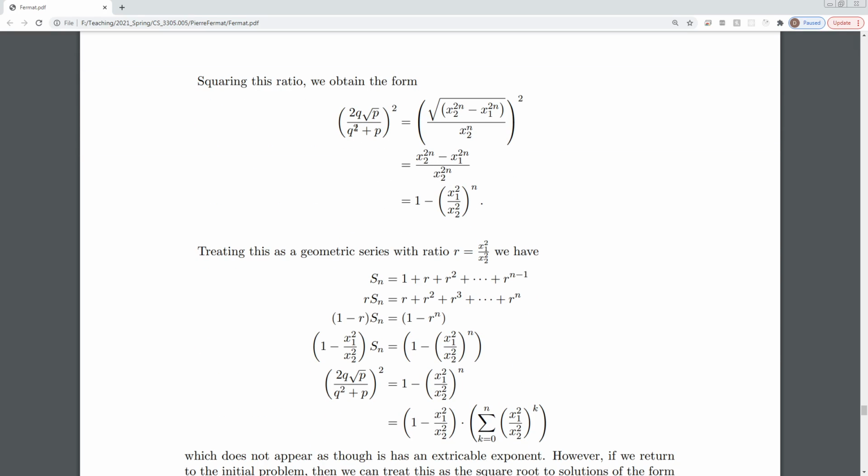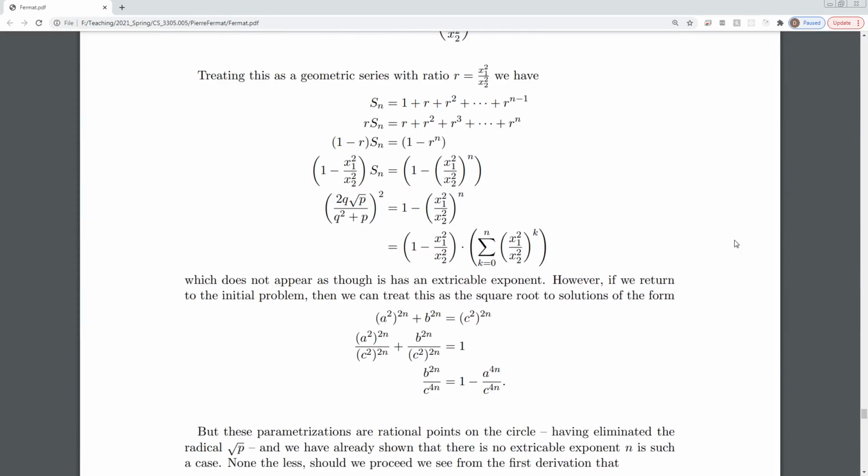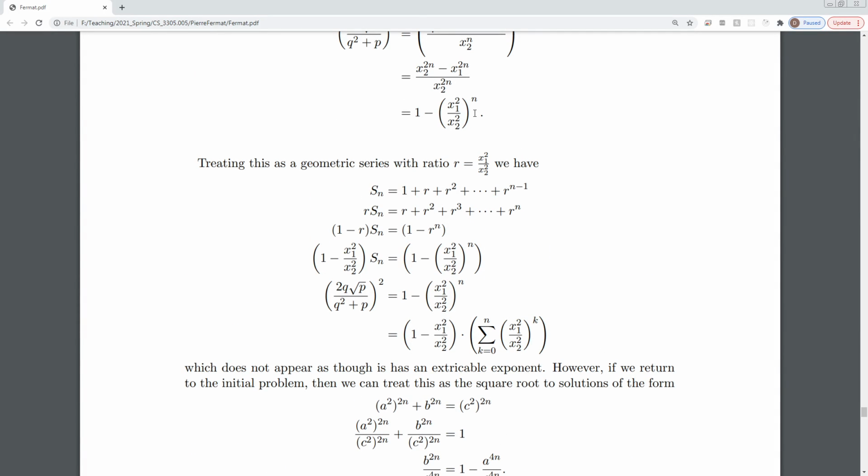Okay, so then squaring the ratio overall, we get rid of the radical. There's something in the denominator that looks like it might allow us to promote some exponent in. So this looks familiar. It looks like a geometric series.